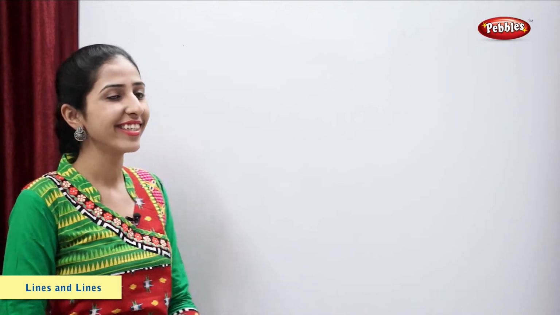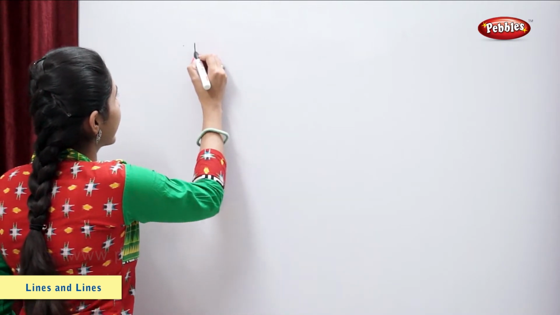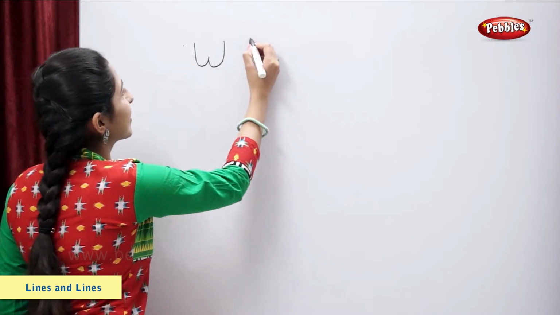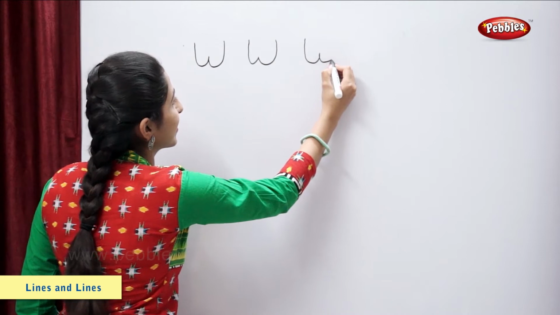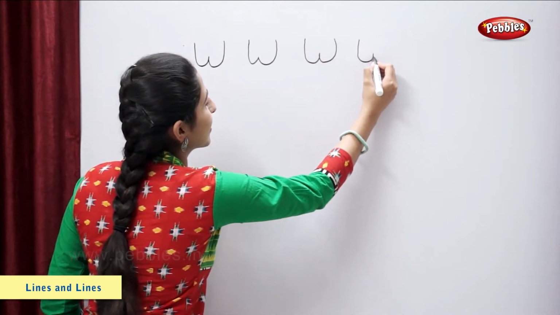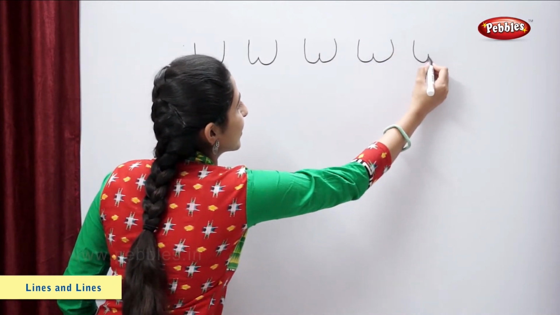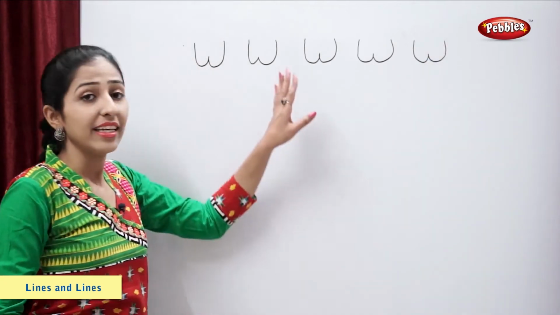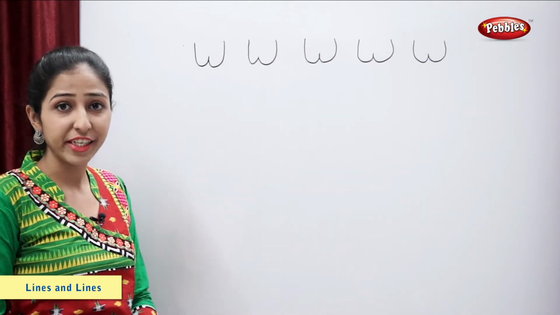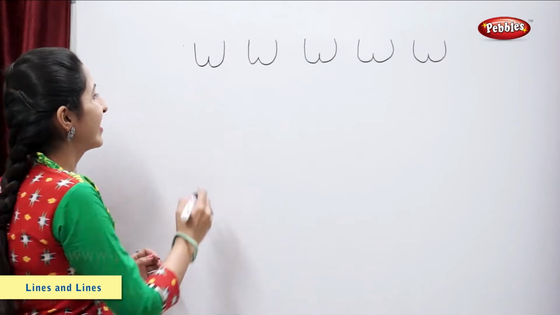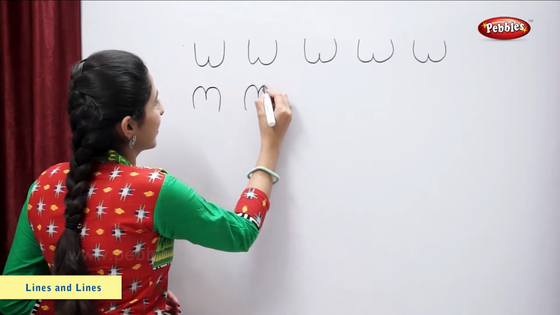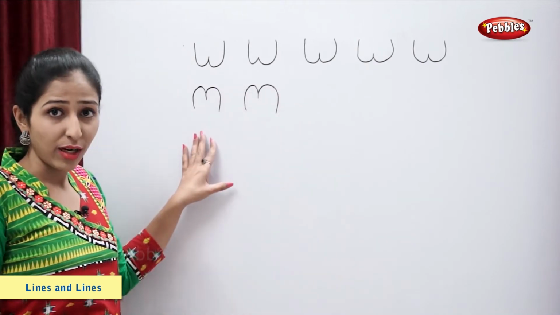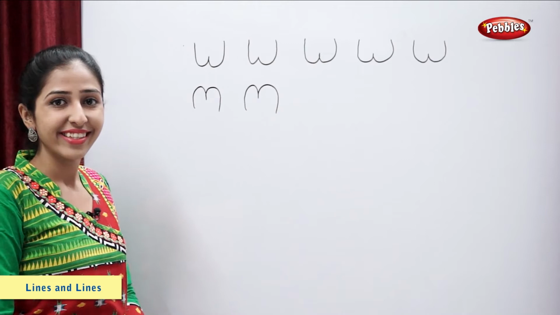Now let us draw some more multiple curves. These curves look like a letter W. These curves look like M.